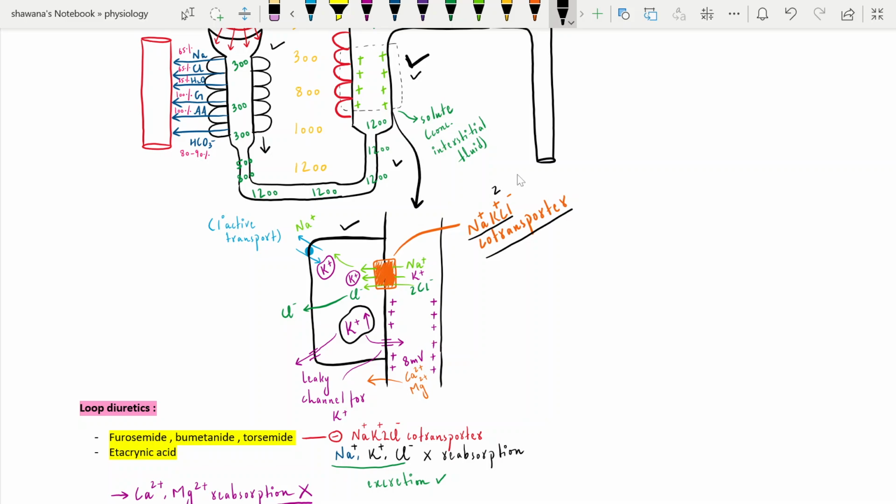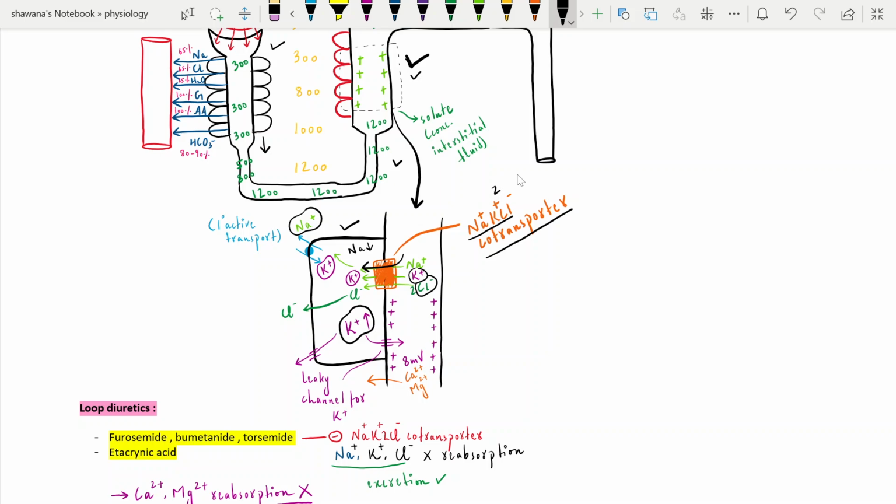As we know, the sodium concentration inside the cell is decreased due to the constant pumping of sodium by the sodium potassium ATPases. Sodium is moving down the concentration gradient by facilitated diffusion. The potassium concentration inside the cell is high, so potassium is moved by secondary active transport, and the chloride is also moved by secondary active transport.